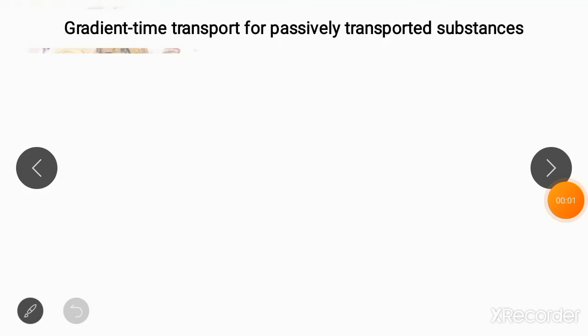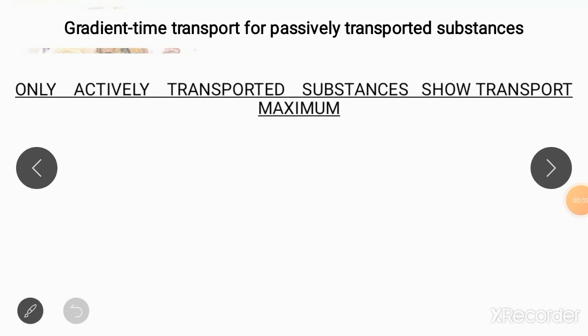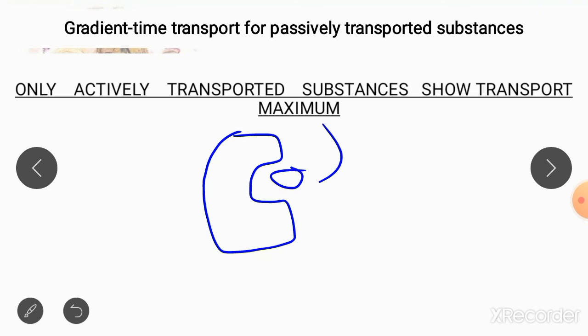Then we have substances which are being transported passively, and as I mentioned before, only actively transported substances can show transport maximum, because these substances require carrier proteins for their transport, and carrier proteins tend to become saturated.